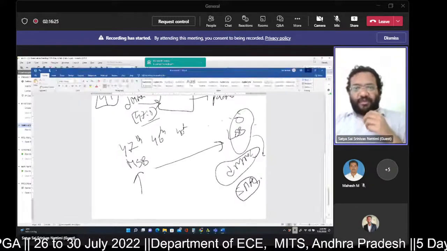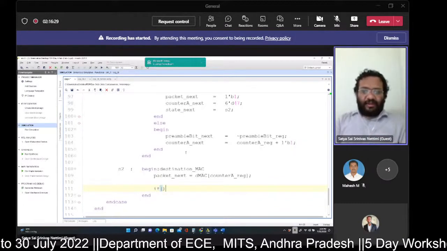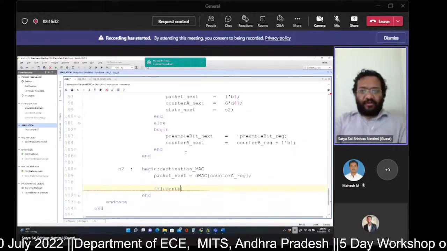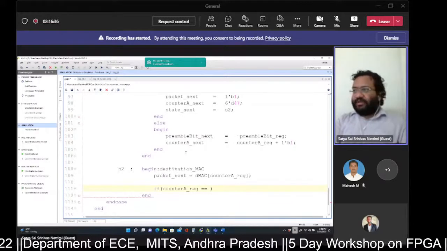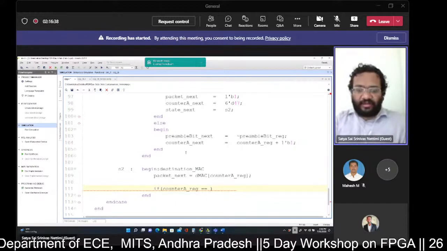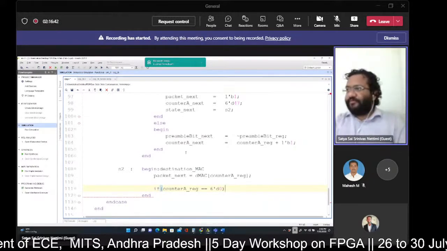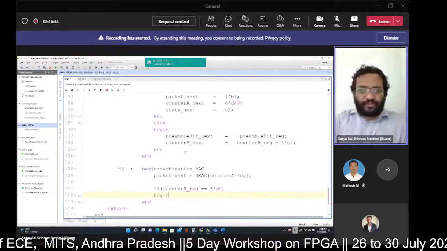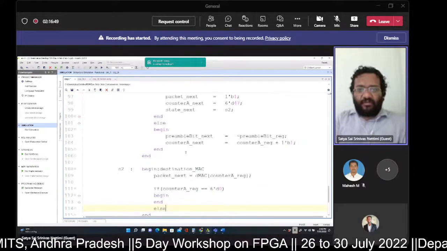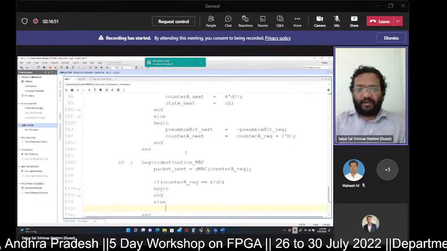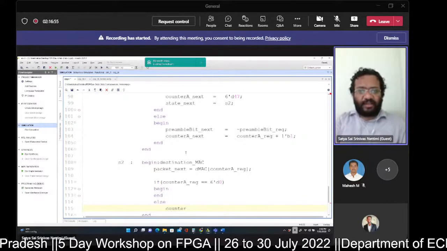So here again we have to write the condition: if counter A reg is equal to 0, what is it supposed to do? If it is not reaching that value, we have to decrement the counter by 1. Then only it will move from the MSB to the LSB side.